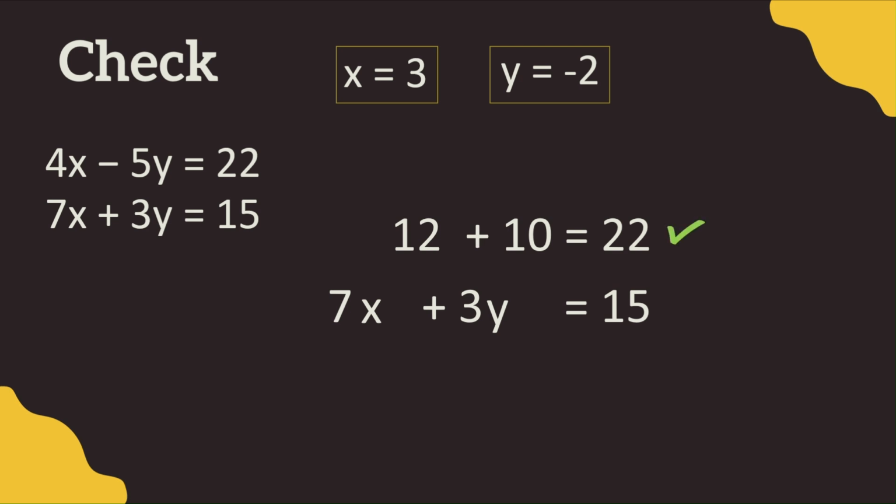Correct? Now let's check the second equation. 7 multiplied by 3 plus 3 multiplied by minus 2 equals 15. That's 21 minus 6 equals 15. Also correct. So our final answer is x equals 3 and y equals minus 2.